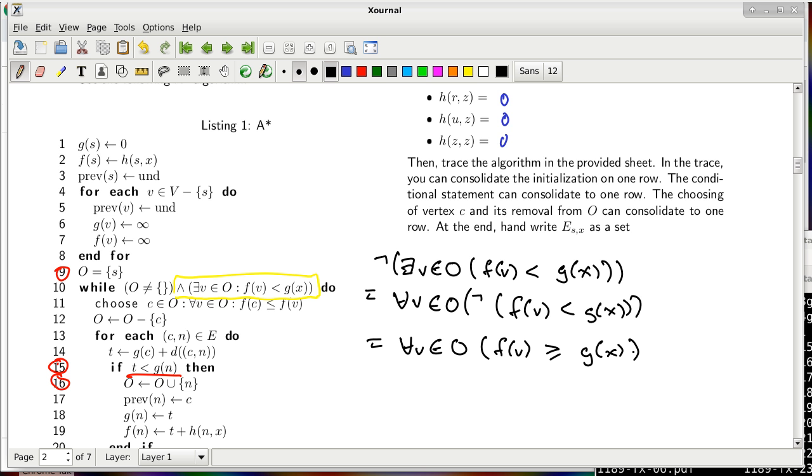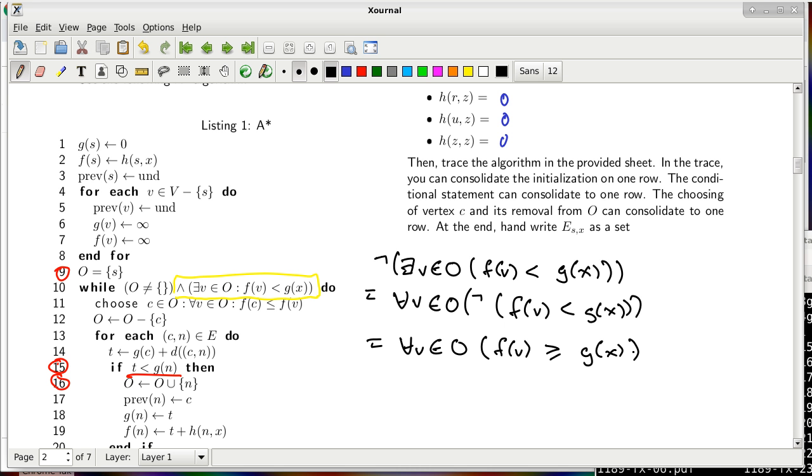Is that okay? All right. And we also know that the heuristic values are non-negative, they can be zero. They're not overestimating. In other words, when you look at f of v, it's giving you an idea of this is the best we can do. We cannot do better than that.